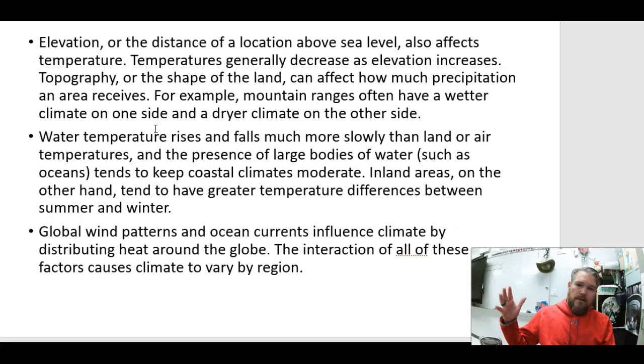So if the wind prevails from the west and you are facing that wind coming in, then typically you will be wetter than the other side of the mountain as the air passes over. It basically squeezes the moisture out of the air, and then as it goes on, it's drier. So that can lead to monsoon-type areas on one side of a mountain, and desert areas on the back side of that mountain.